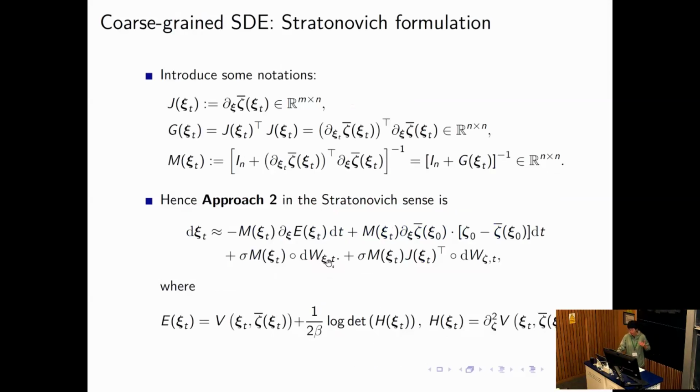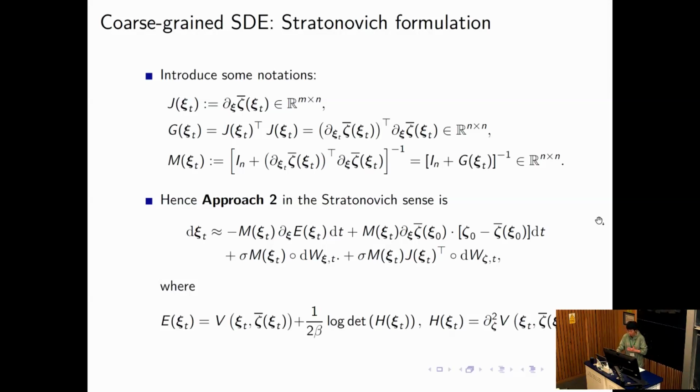And we can get approach 2 similar to the linear case. And here we have the Stratonovich representation of approach 2. You can see that it is still the time rescaling of the dynamics along the principal curvature of the slow manifold.